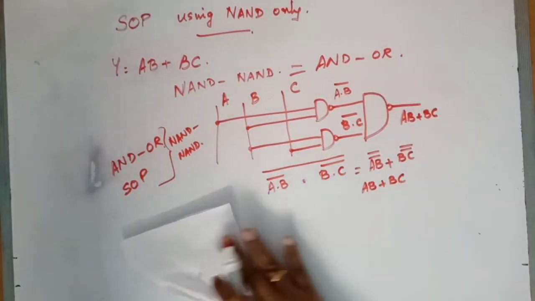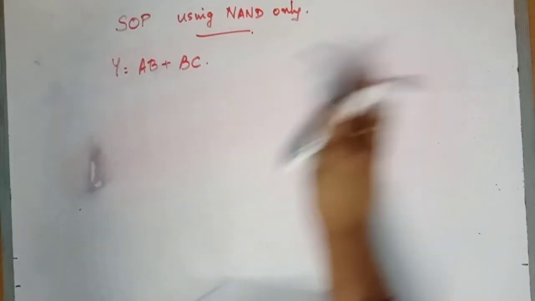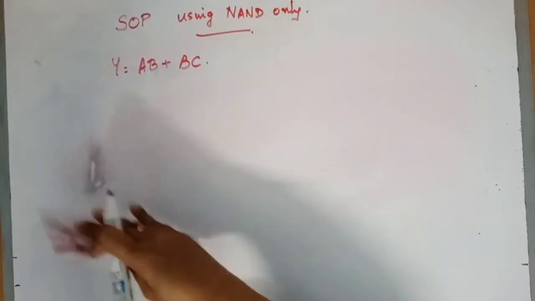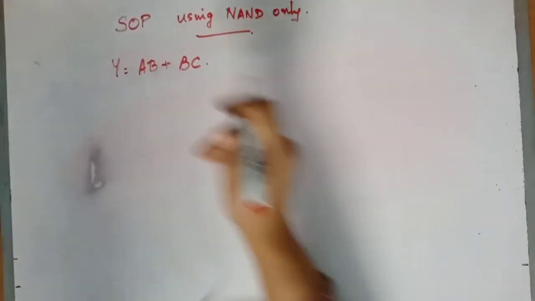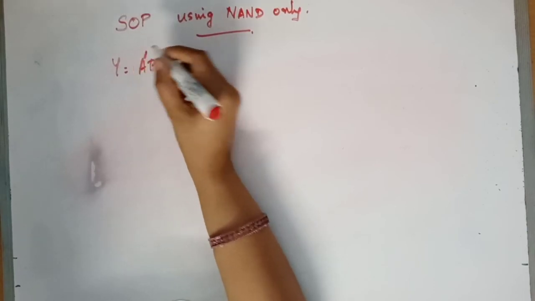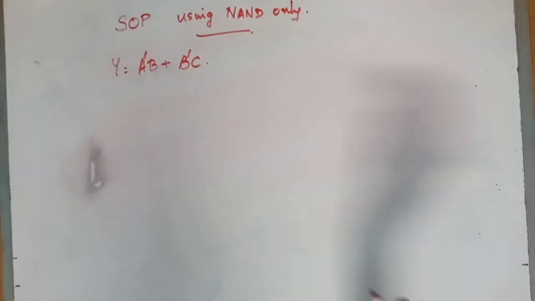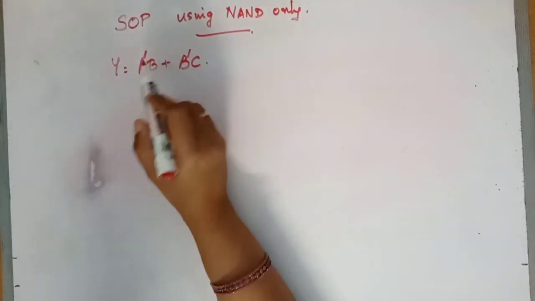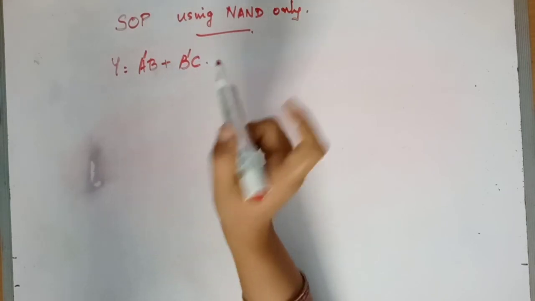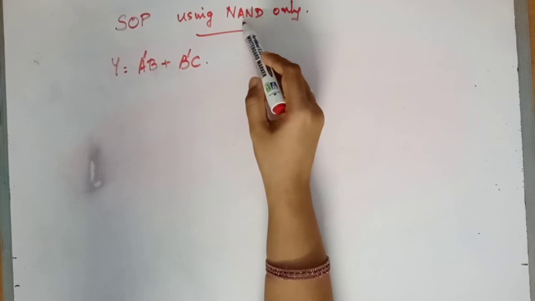Okay, so suppose I have another example: A bar B plus B bar C. Here you need A bar also and B bar also. For A bar and B bar you can't use a NOT gate, you can use only NAND.